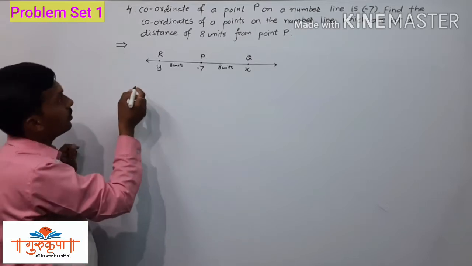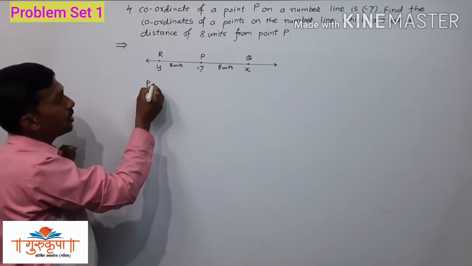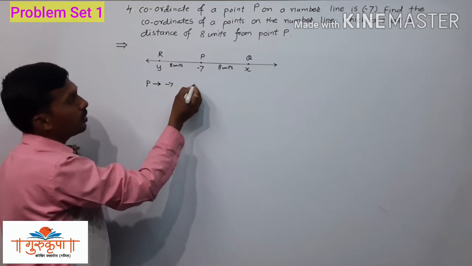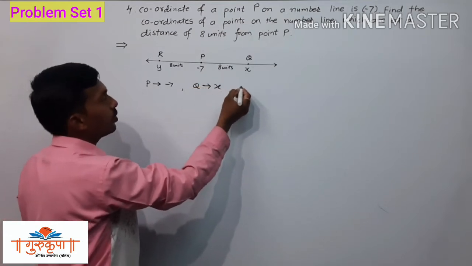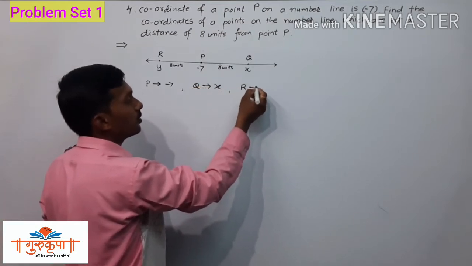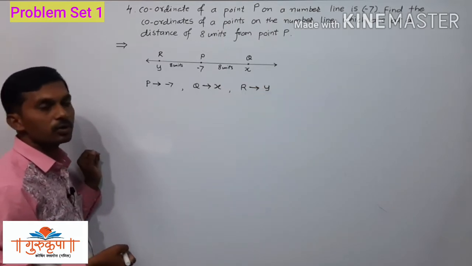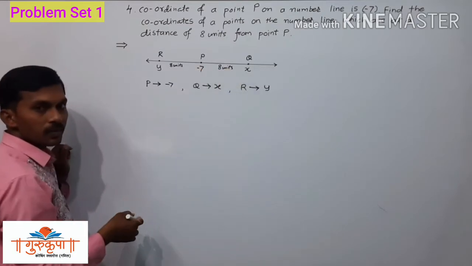So the information we have available is that the coordinate of the point P is -7, the coordinate of the point Q we considered as X, and the coordinate of the point R we consider as Y. Now we have to find the values of X and Y. We know that the distance PQ is 8 units.